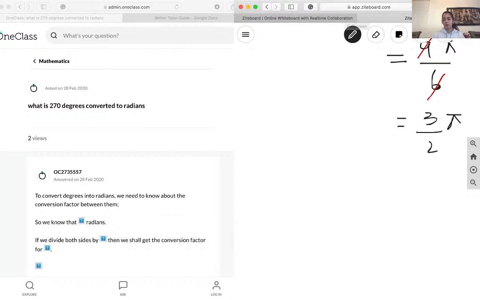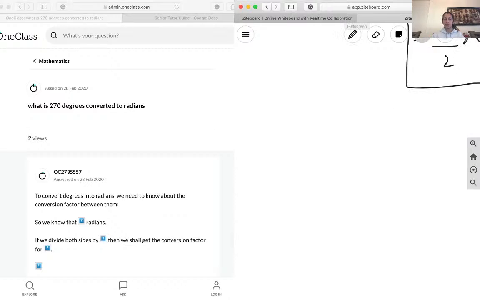You can put that in your calculator in radian and figure out the approximate value, but this is the exact value for that question.